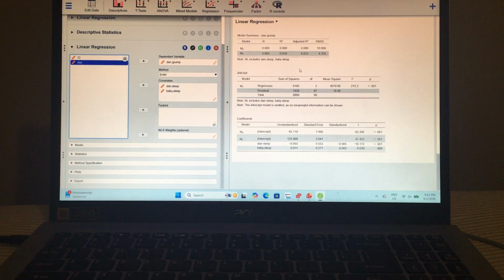And for baby's sleep, the p-value is 0.969, which is larger than the standard 0.05 alpha level. This tells us that the slope for baby sleep is not significantly different from 0. In practice, at this point, we'd probably remove baby sleep from this model, and we just use the simple linear regression model that we saw earlier with Danny's sleep as the only predictor variable.